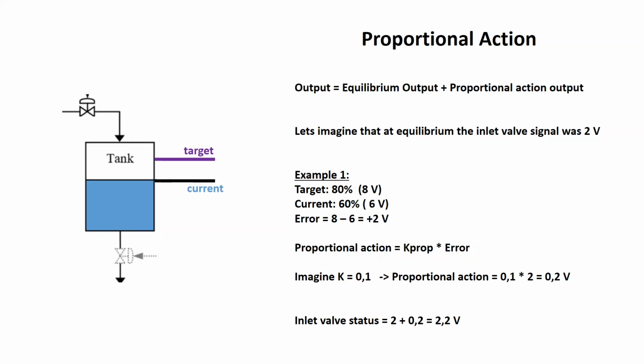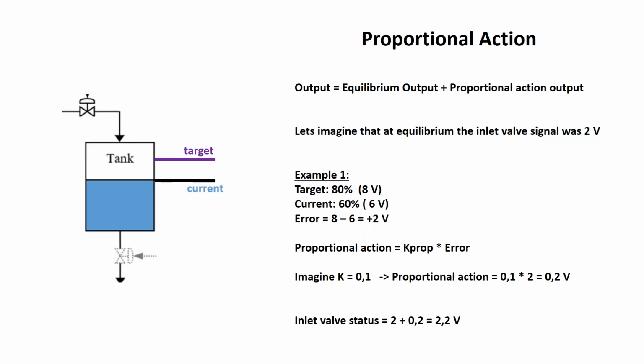And the proportional action will be a constant, which is a K prop, multiplied by the error. If we imagine that we set the constant at 0.1, then the proportional action will be 0.1, which is the K, multiplied by the error in this instant, which is 2 volts, equal 0.2 volts.